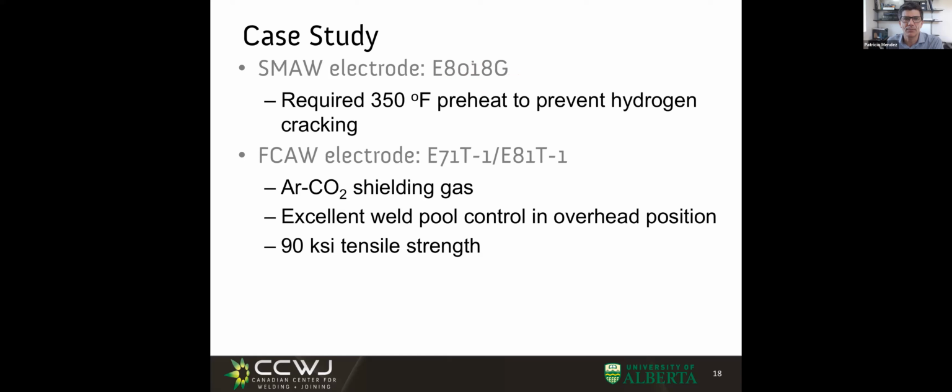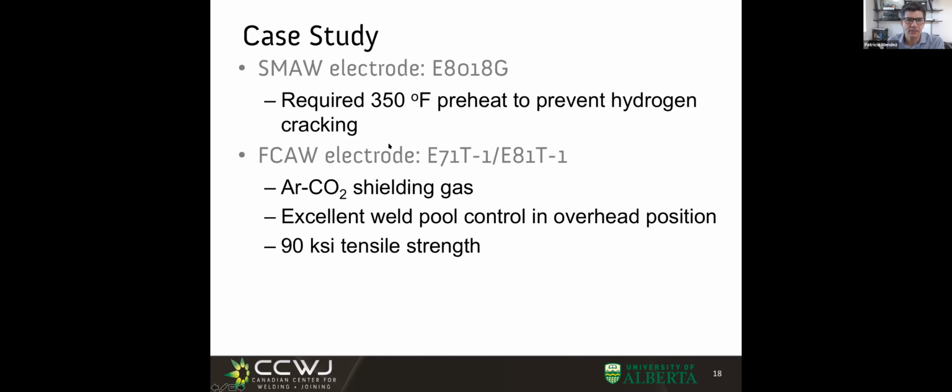So this G means you cannot get the 8018G from a competitor. If this was Lincoln, you couldn't get the Hobart one, because it might not be the same. So this required, at this high strength, preheat to 350 Fahrenheit. If you can avoid preheat, you're a much happier guy. But if it cracks, you're very unhappy and you still prefer to preheat then.